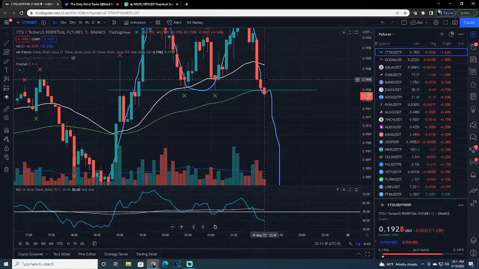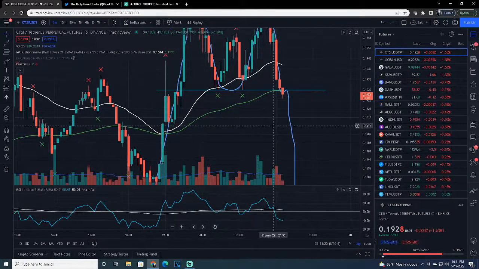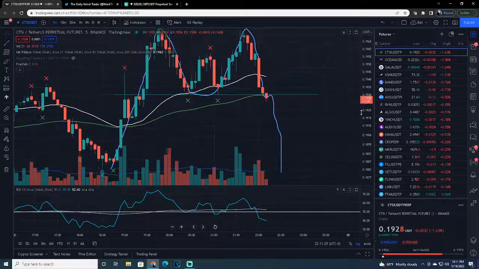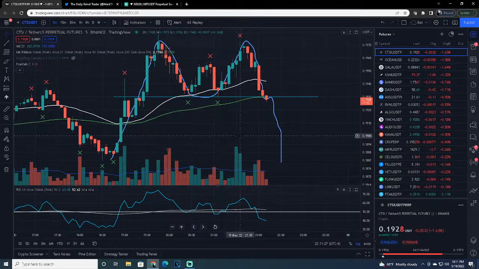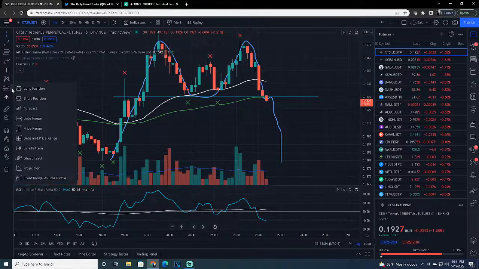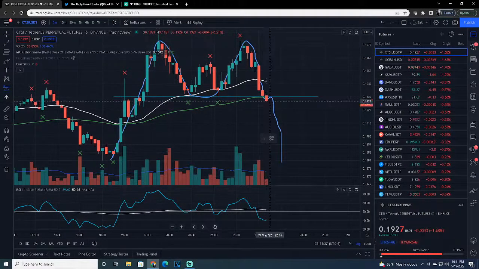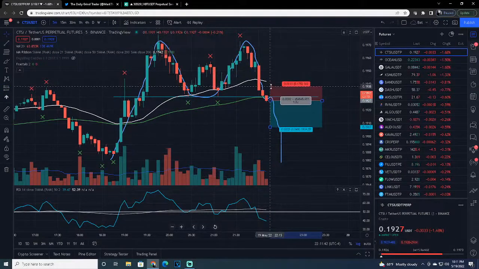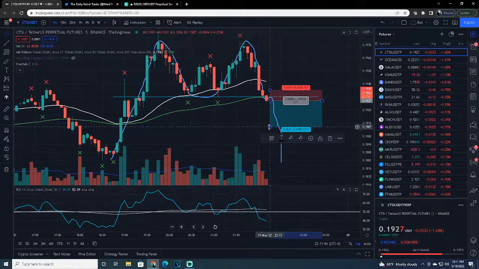This would be my stop loss at 19.35. I'm going to run this a little bit more than 2 to 1.